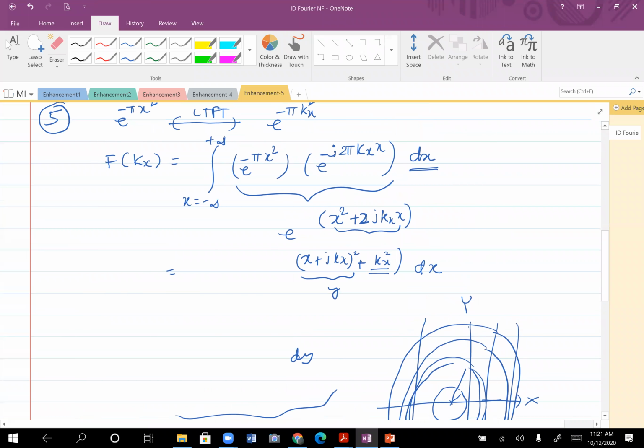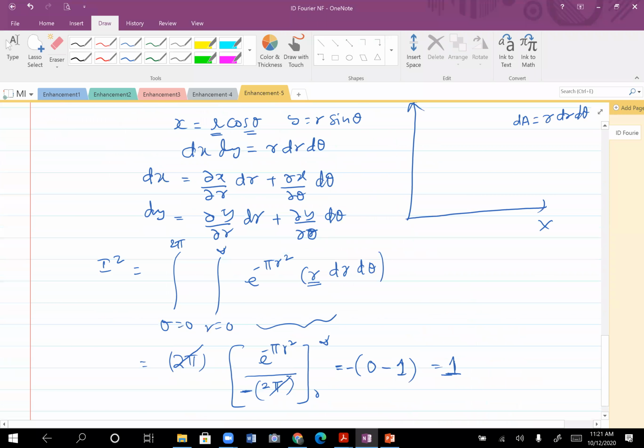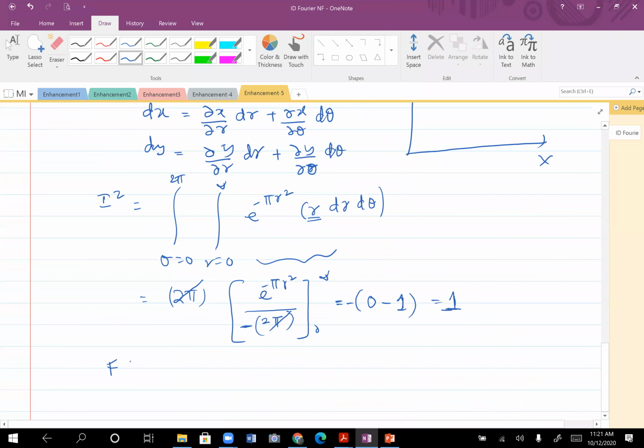Here outside, what did we take here? E power minus pi kx square we have taken out, right? So earlier one, if you remember, f of kx was e power minus pi times kx square, into I was there, so that was now 1.